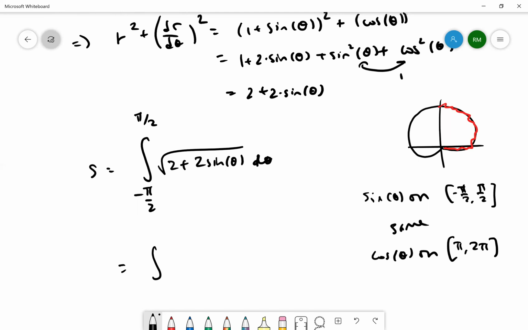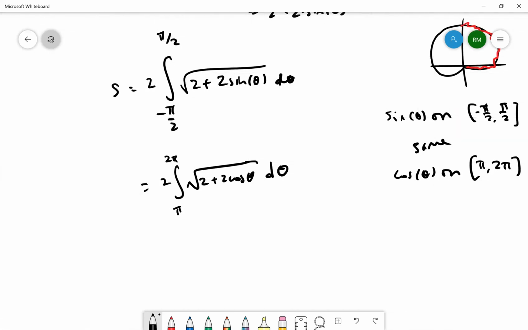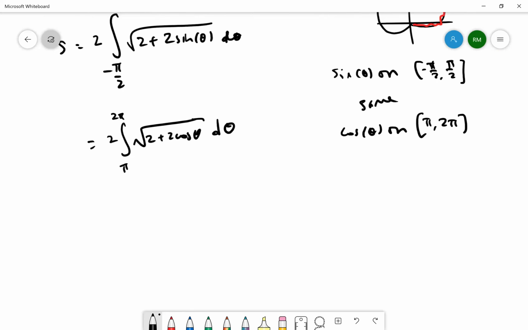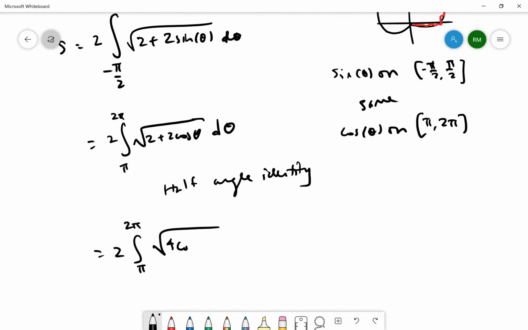So this will be the integral from pi to 2 pi of the square root of 2 plus 2 cosine of theta. So we're actually going to use a half angle identity you can look up. And what this tells us is this integral is actually the square root of 4 cosine theta over 2 squared.